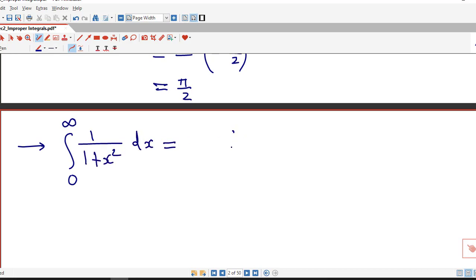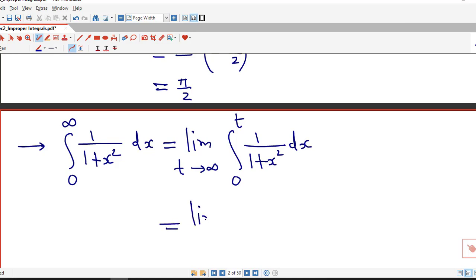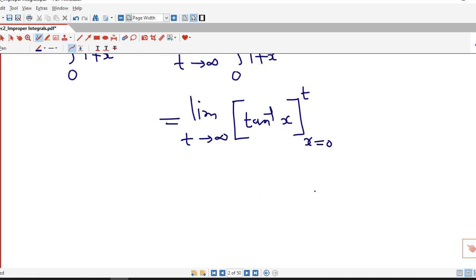Here the upper limit is infinite, so we replace infinity by t and consider the limit as t tends to infinity. Again the integral of 1 over 1 plus x square is tan inverse x, with limits from x equal to 0 to x equal to t.